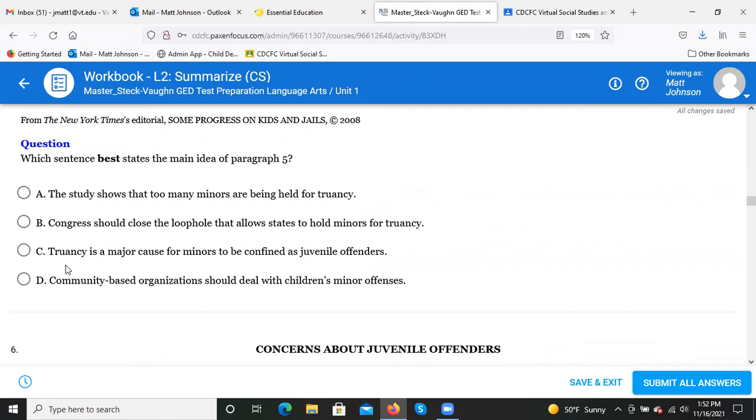So which sentence best states the idea of paragraph 5? Is it the study that too many minors are being held? Congress should close the loophole that allows states to hold minors? Truancy is a major cause for minors to be confined as juveniles? Or community-based organizations should deal with children's minor offenses?